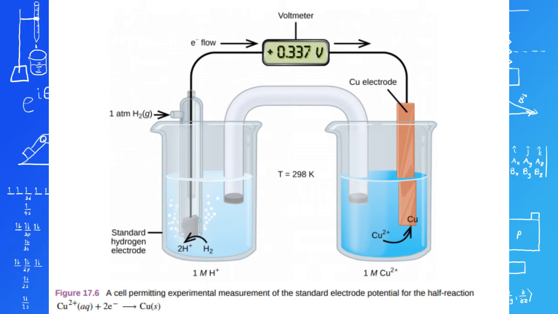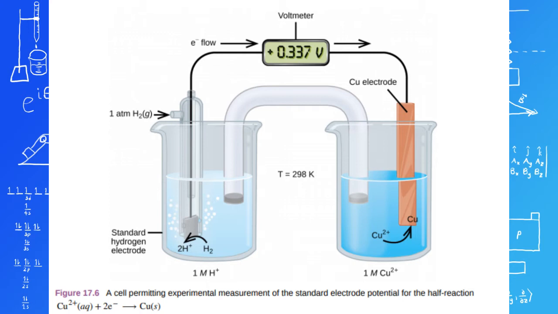And yeah, the total cell potential being 0.337 tells us that the reduction potential of copper minus the reduction potential of the SHE is 0.337, and we know that the reduction potential for the SHE is 0 because we defined it as such, and there you go.